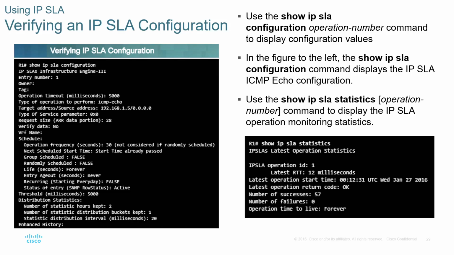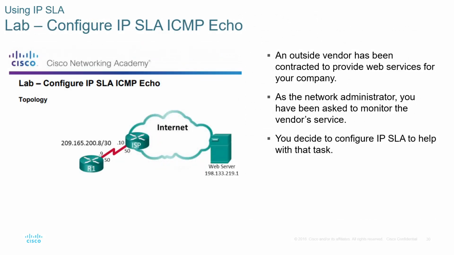The show IP SLA statistics is going to show us the statistics of the tests: if they have been successful, if there have been any failures, and so on. There is one lab for us to configure IP SLA using an ICMP echo request, so please make sure you do that to understand a little bit better how IP SLA works.